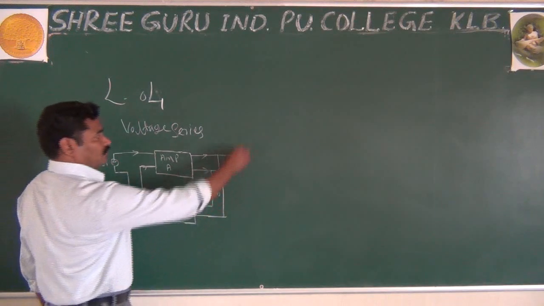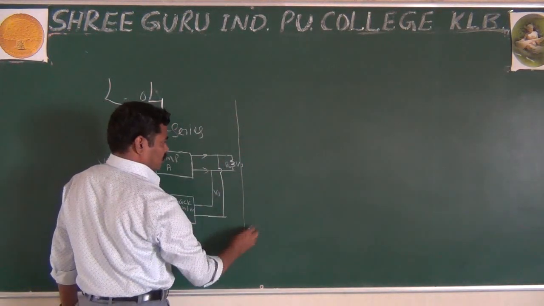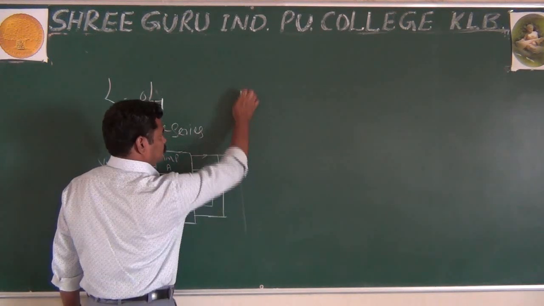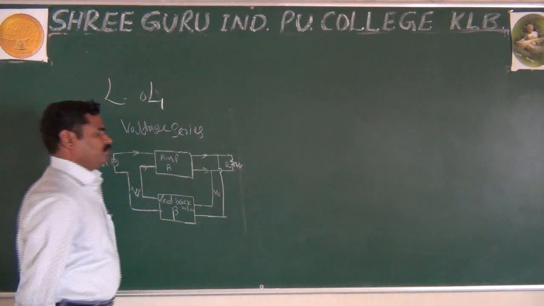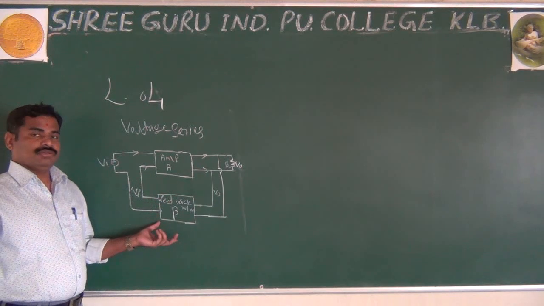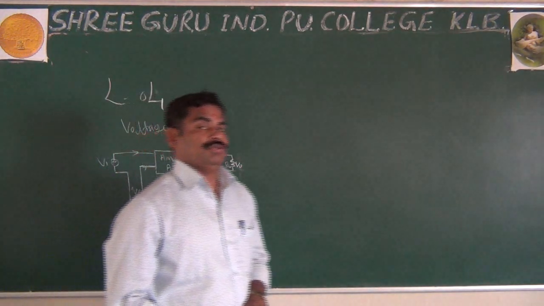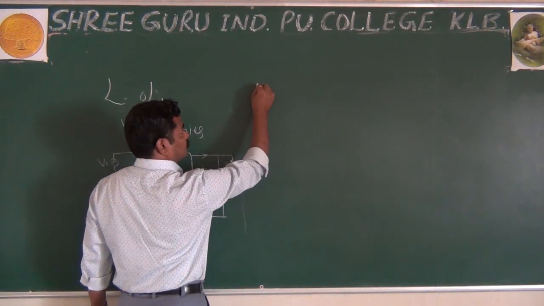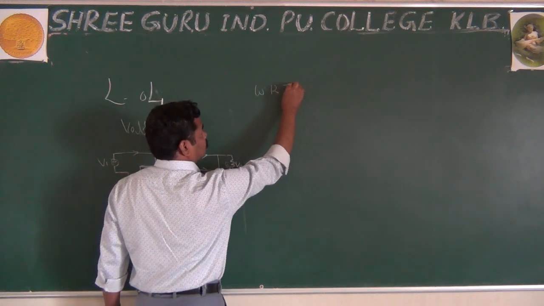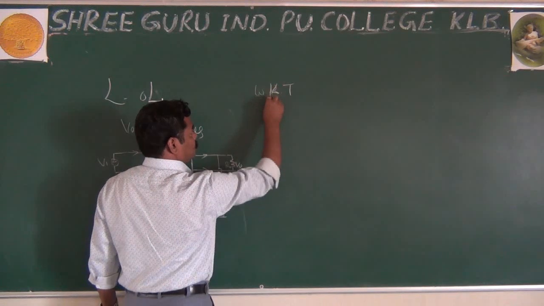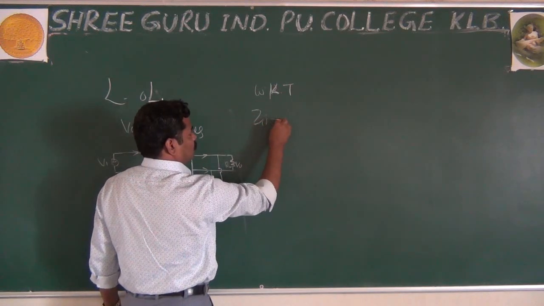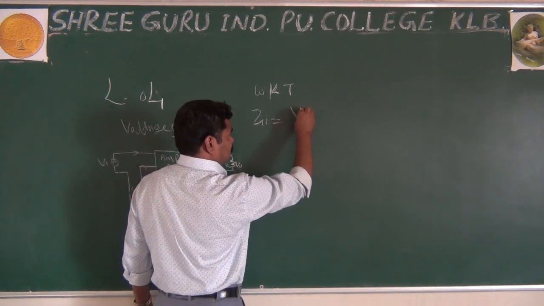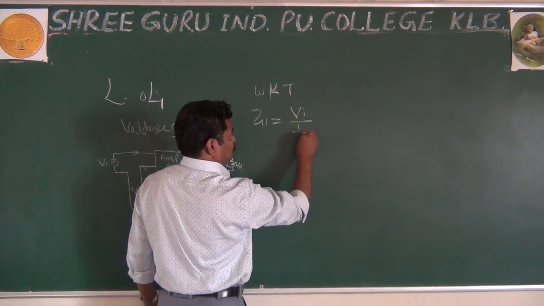Now we go for the derivation of the input impedance. First you have to write what the input impedance is. In general, input impedance Zi equals Vi by Ii.